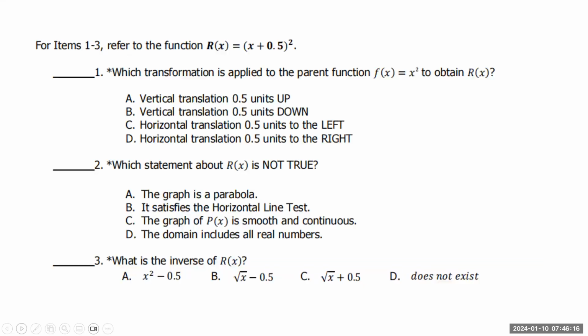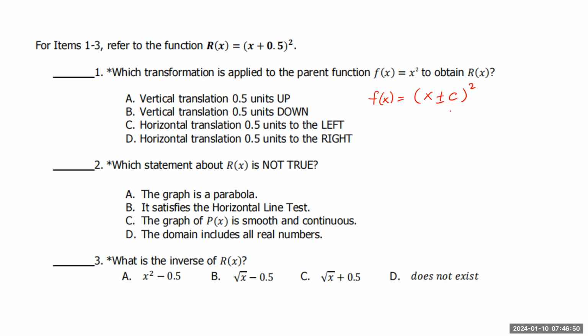Okay, so for items 1 to 3, we are going to use the function r of x given on your screen. Item 1, which transformation is applied to the parent function x squared to obtain r of x. So our general format for transformation of functions. So if we have here x plus 0.5, then we can say that we have (x plus minus c) squared.